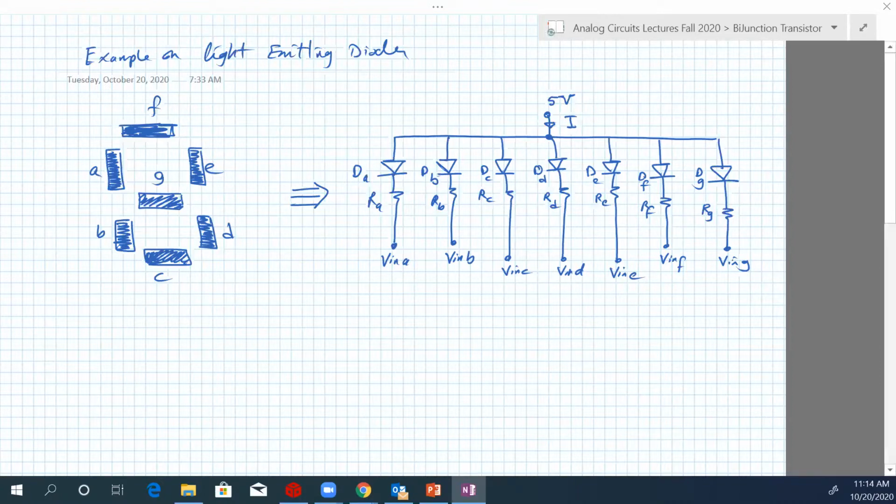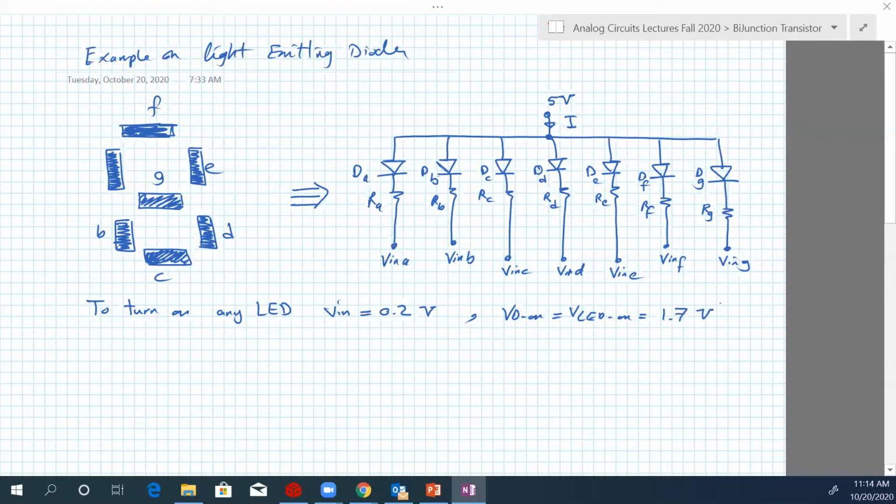Okay? So let's have an example on this. It's assumed that to turn on any LED, any V input of them should be 0.2 volt. And when any LED of them is on and giving you light, VD on or VLED on is 1.7 volts.